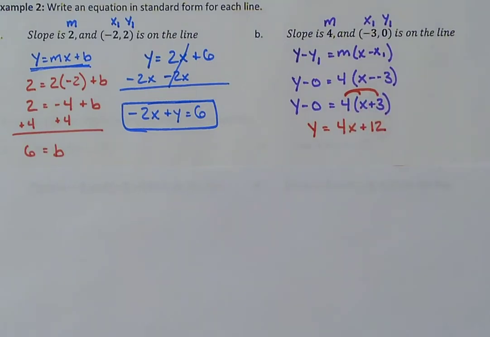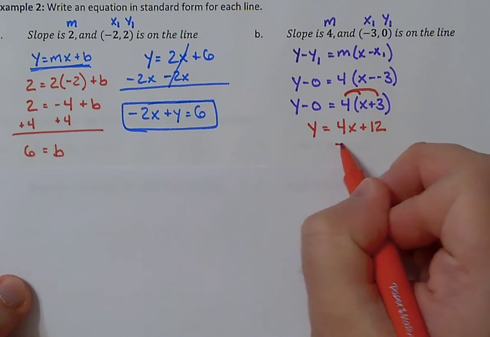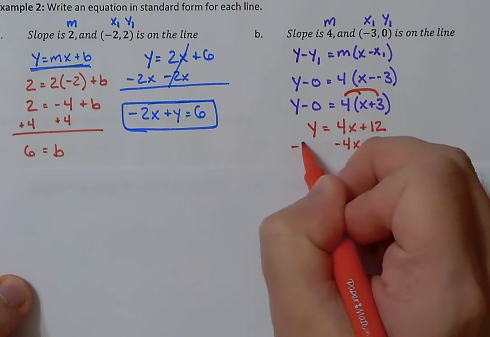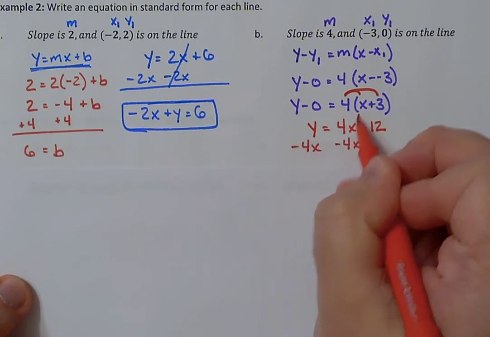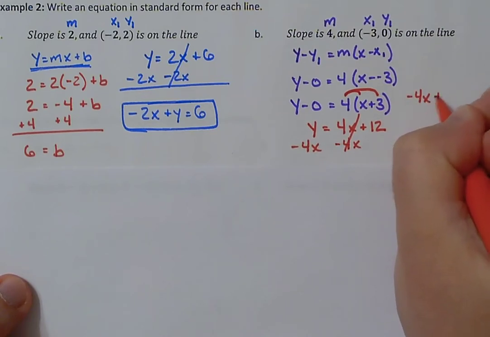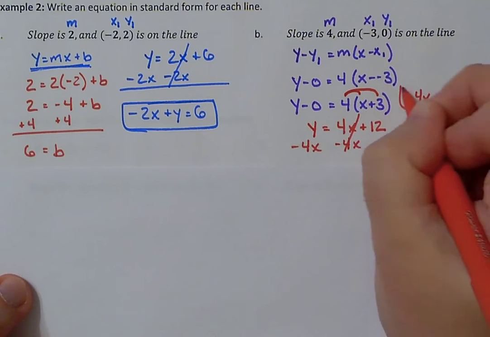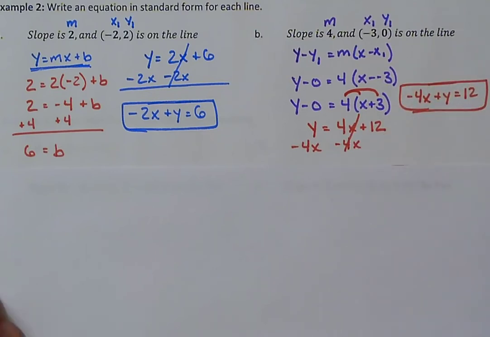So I now have y equals 4x plus 12. All I have to do is subtract this 4x from both sides. So when I do that, I end up with negative 4x plus y equals 12. And that is my answer in standard form using point slope.